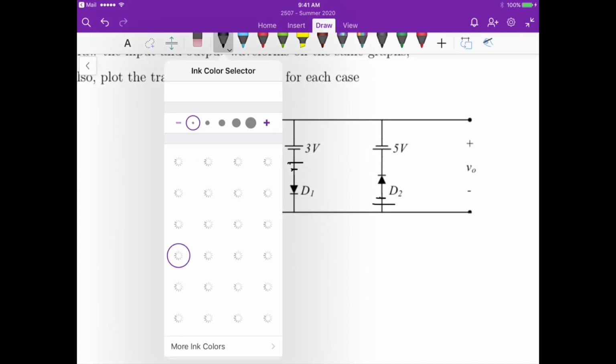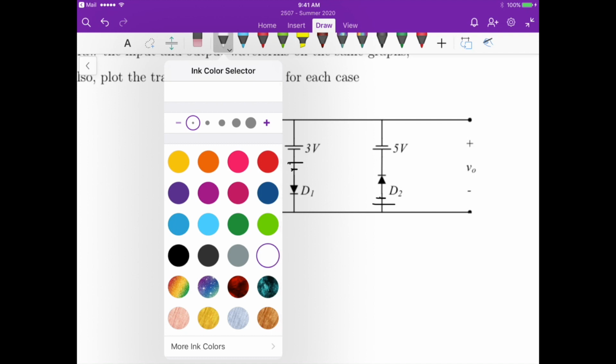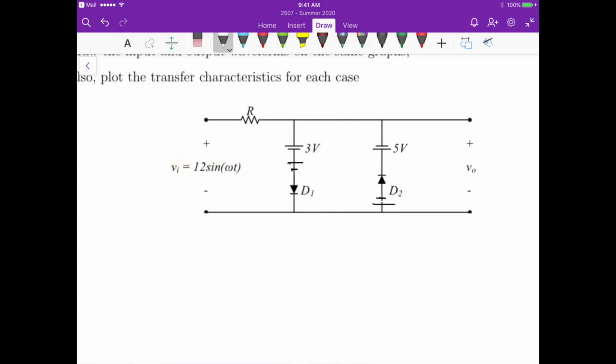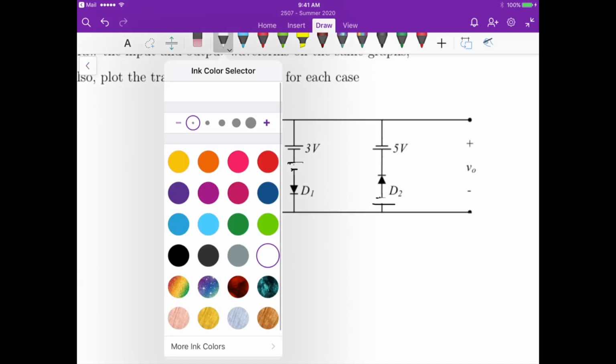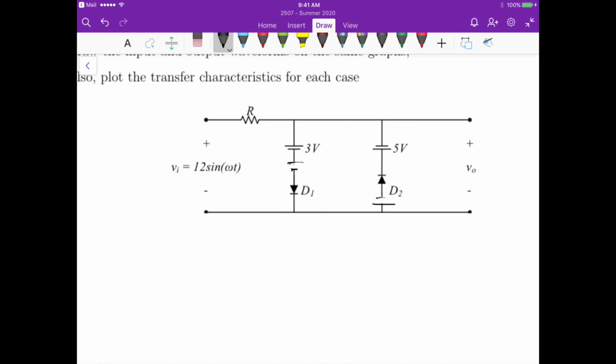So I can erase this one here. So this is 0.6. This is also 0.6.